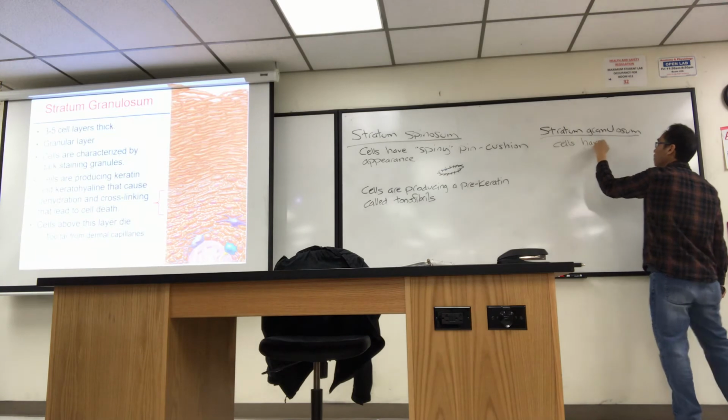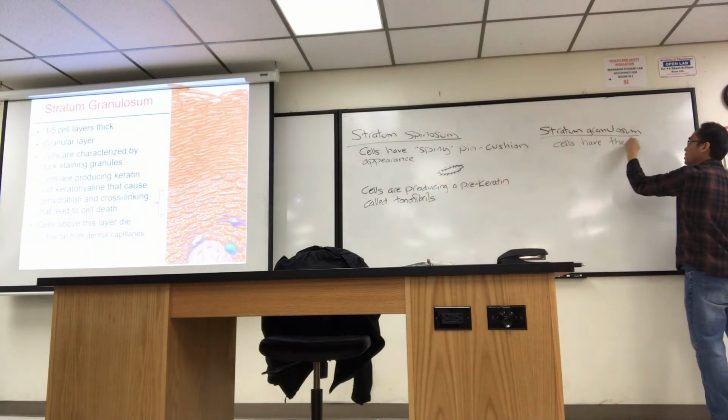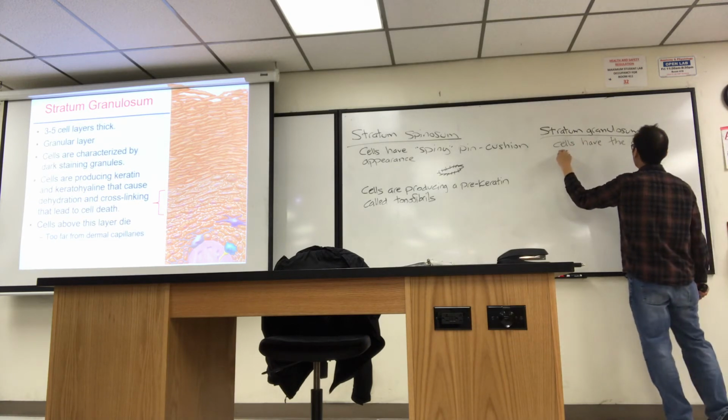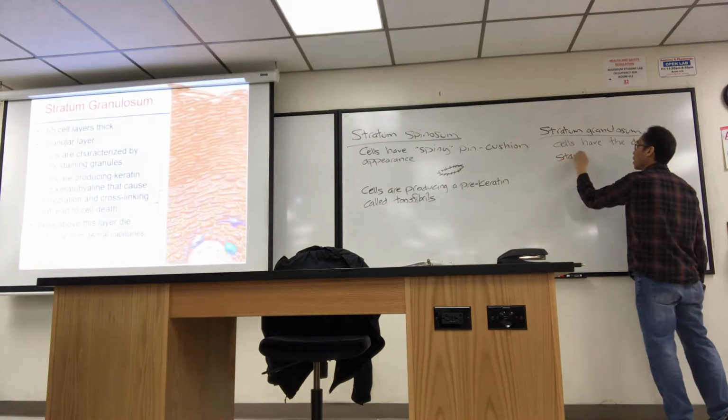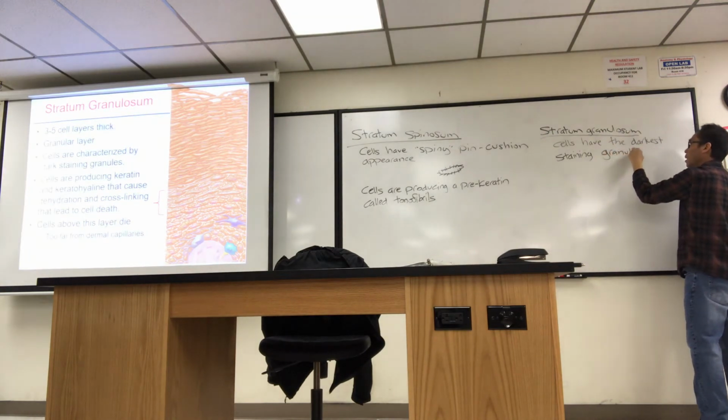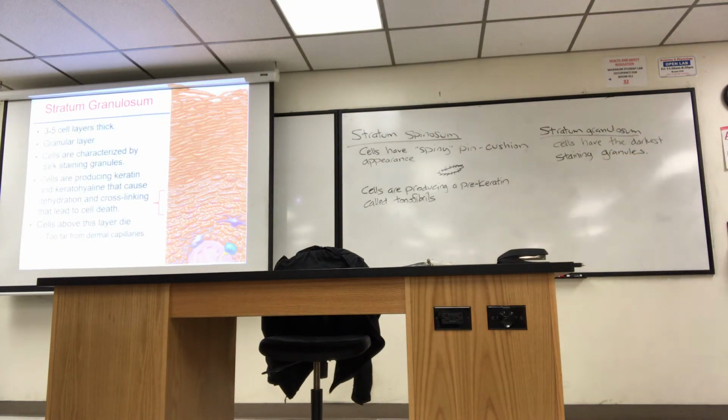Cells have the darkest staining granules. So they're producing a keratin that causes this cross-linking in the cells.